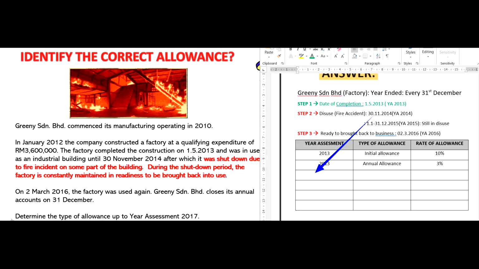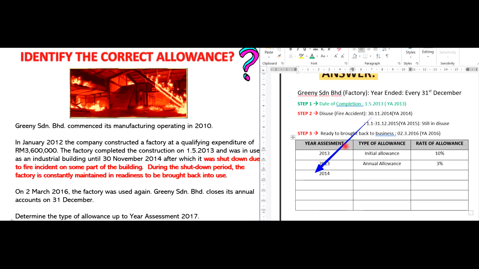What happened in 2014 is the factory has been shut down because the fire incident happened to some part of the building, so the factory cannot be used.